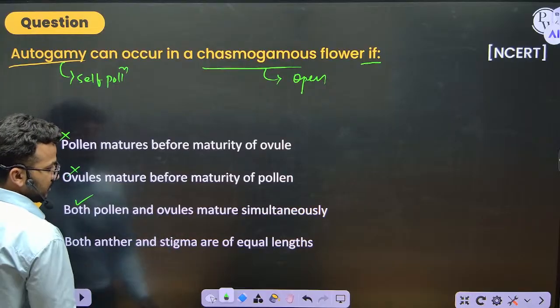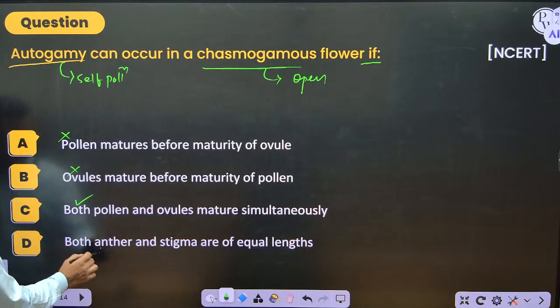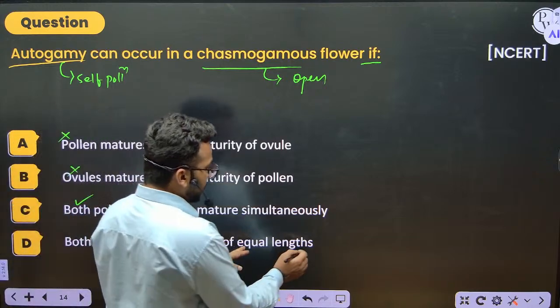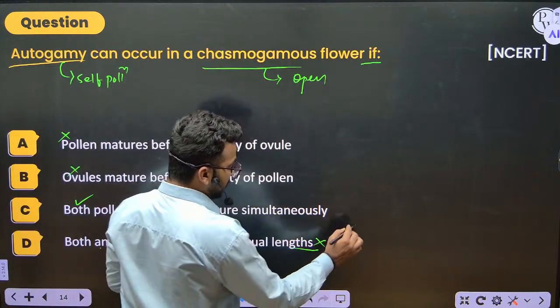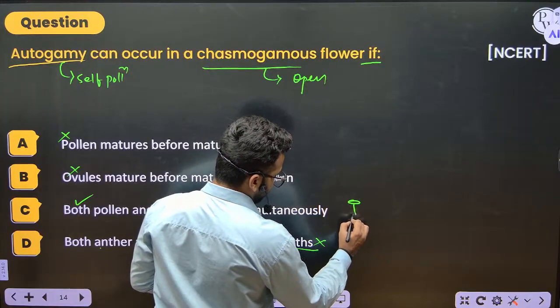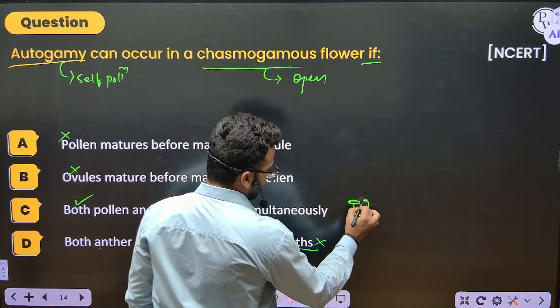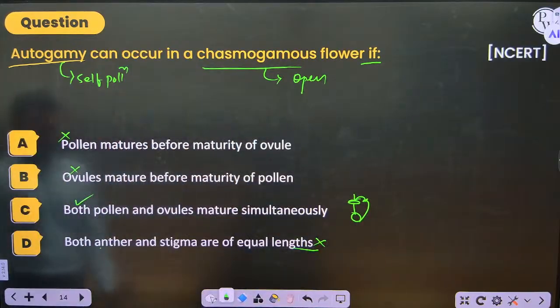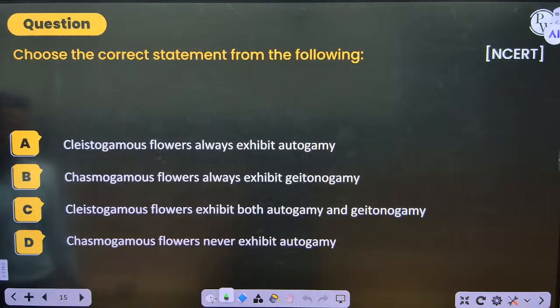Both anther and stigma are of equal length, no. They need not be equal length, but they should be present closely, so that the transfer can take place easily. Option C will be the answer.